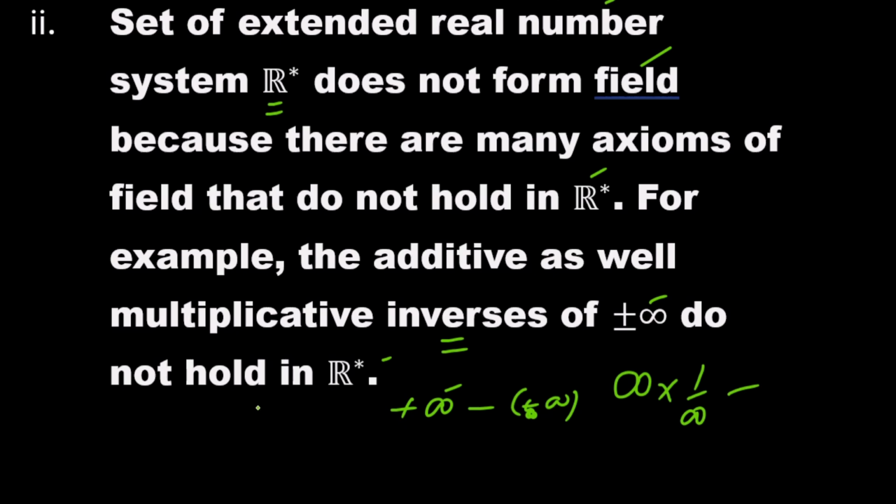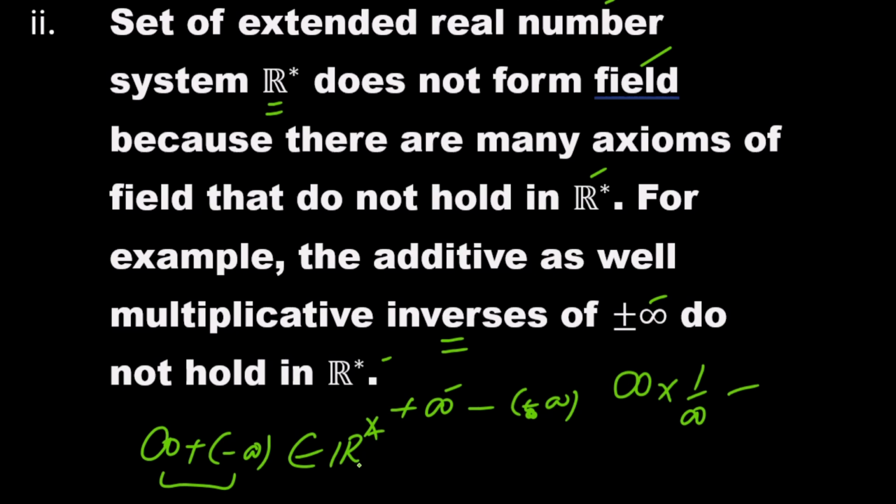Further, there are several properties, like the closure law, that do not hold. You cannot say that infinity minus infinity is defined; this is an undefined operation as I have discussed above. So we cannot say that the answer of this operation belongs to R star.